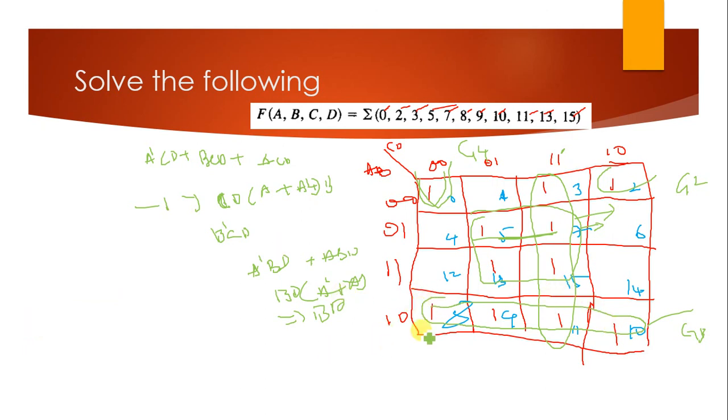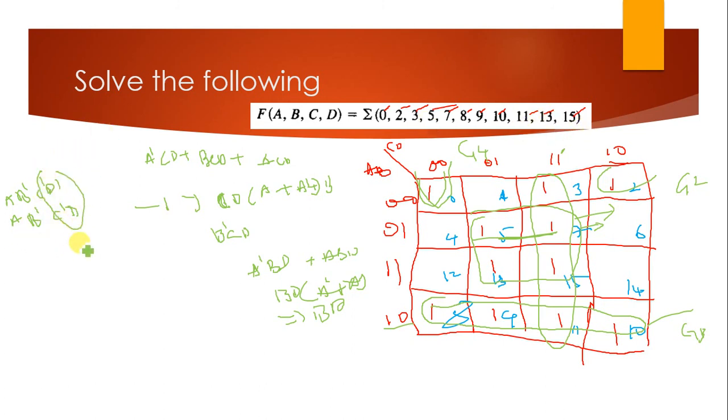So here the values are A, B dash. A, B dash is the common value. C and D are the variables here. So first case it is C dash D dash, and second case it is A, B dash, C dash. D has changed from 0 to 1, so it has been eliminated.